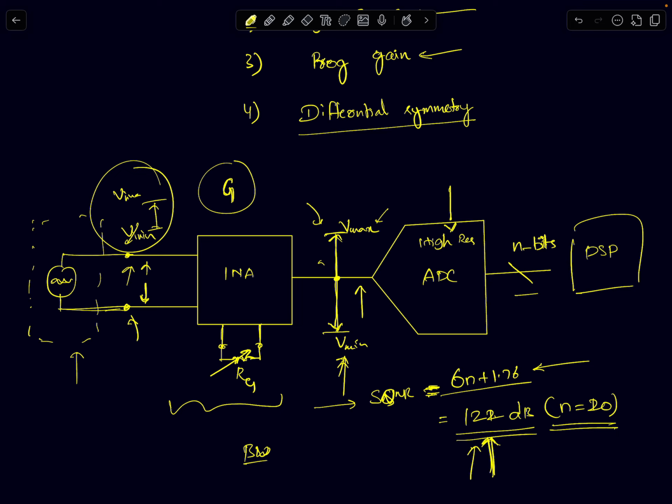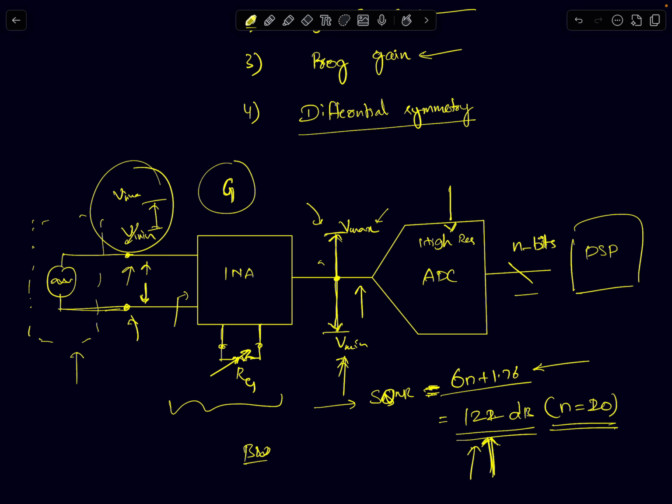Now, in the presence of offsets in the instrumentation amplifiers, offsets, if you recall from our initial discussions, will also get amplified. The first stage of an instrumentation amplifier is just a non-inverting amplifier, and the second stage is like a subtractor with a gain. So both these stages can amplify offsets.